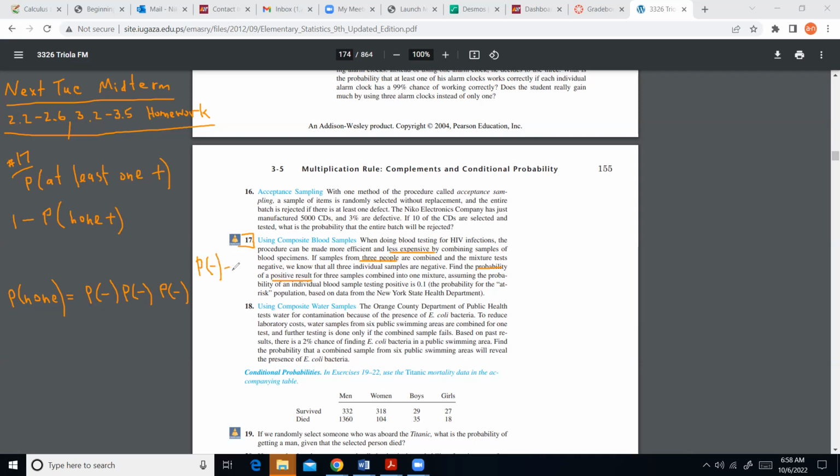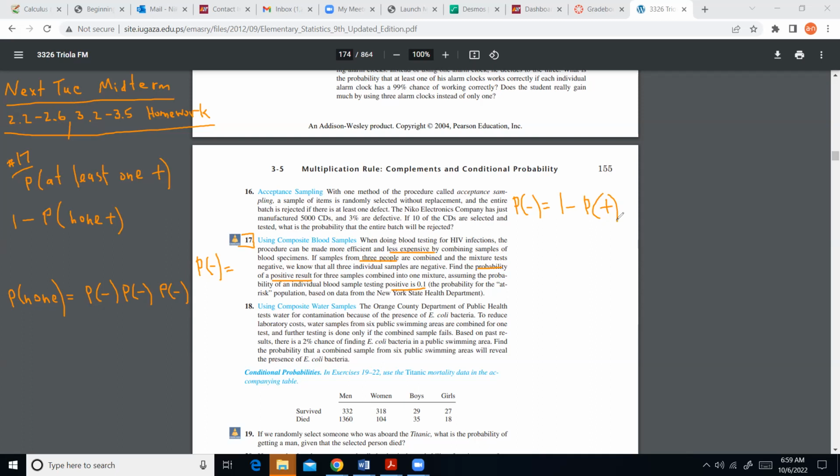So this is going to be, it looks like the probability of positive is 0.1. So let me write it here. The probability of negative will be 1 minus the probability of positive. That's the standard complement idea. If you have either positives or negatives, nothing else is possible. If it's not positive, it is negative.